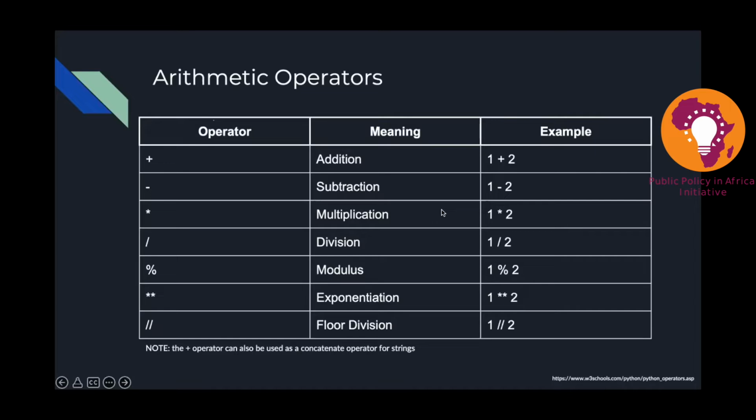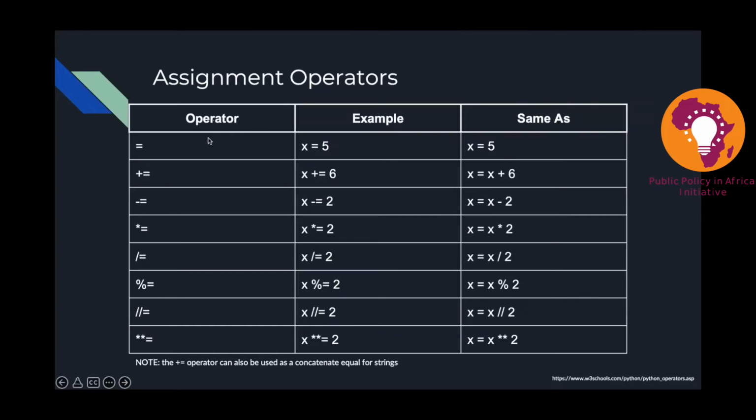Okay, so moving on from that, we have the assignment operators. This is how we assign values to variables. So x equals 5, we are not actually saying or checking that x is equal to 5. We are giving x the value 5.